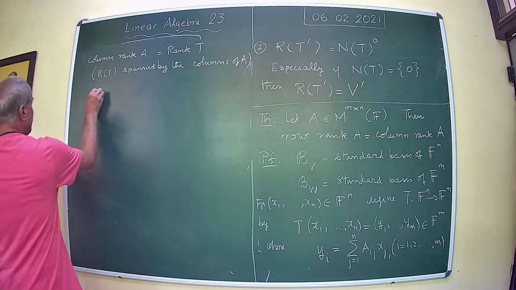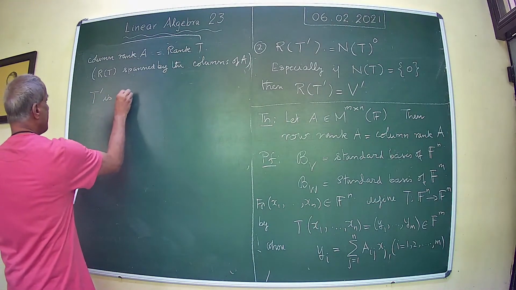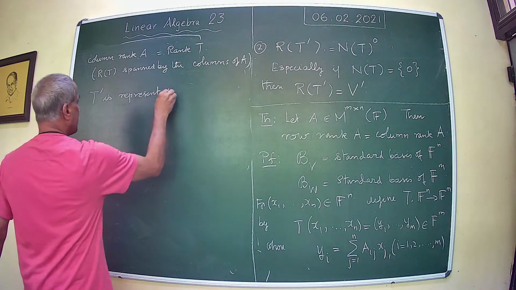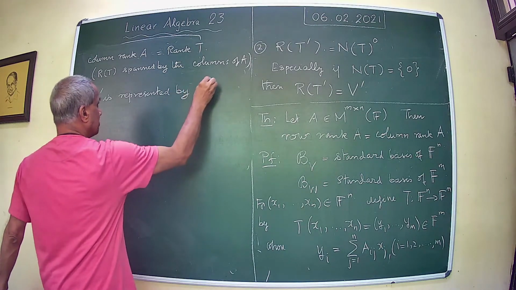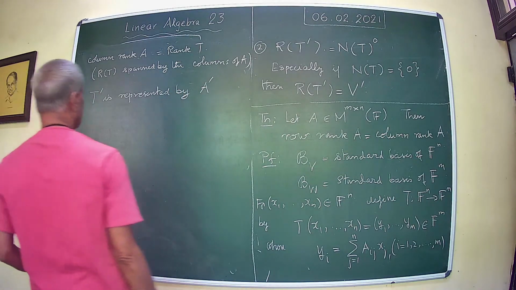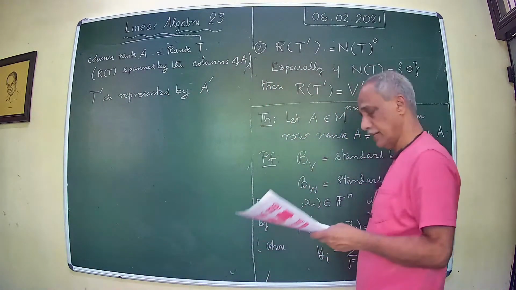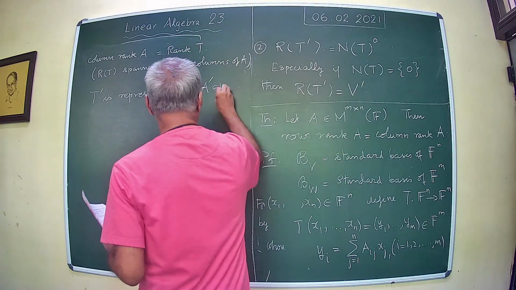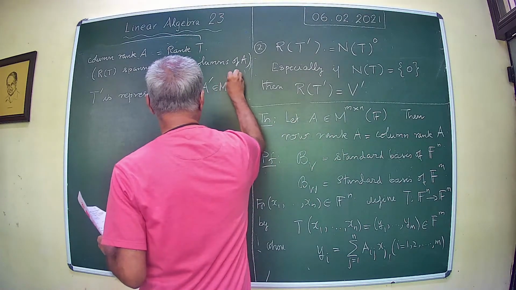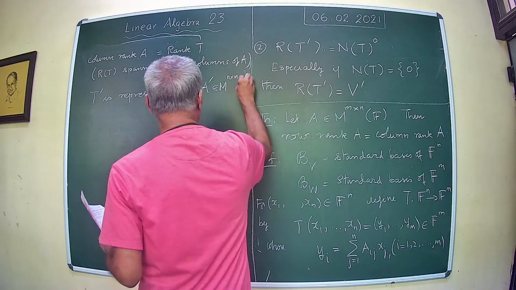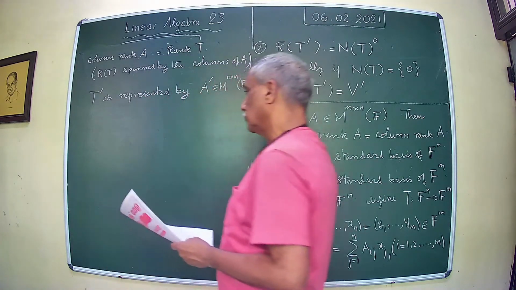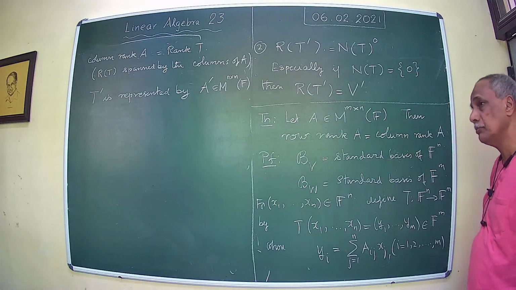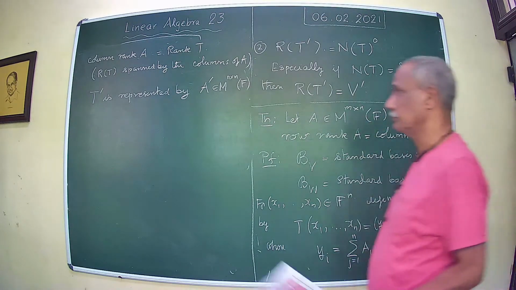Now, T prime is represented by A transpose. This T transpose is represented by A transpose, and remember it is the map from W prime to V prime. Okay.